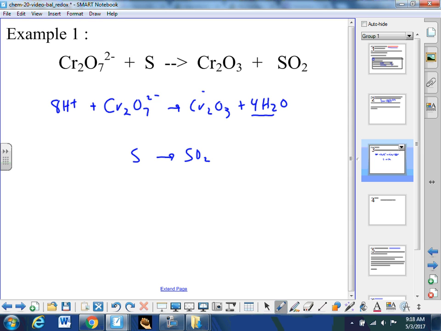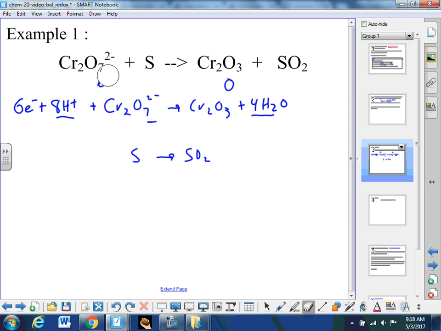Then I have to balance charges. The product side has a net charge of 0. The reactant side has a net charge of 6 positive. We have 8 positives here and 2 negatives there, so the reactant side is 6 more positive than the product side, so I have to add 6 electrons to that side.